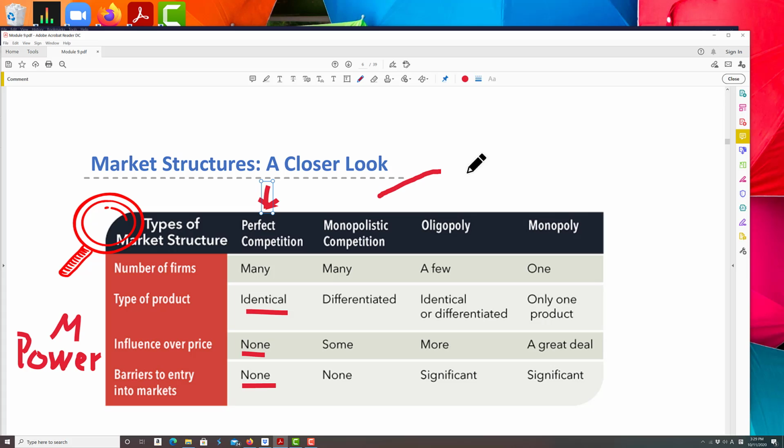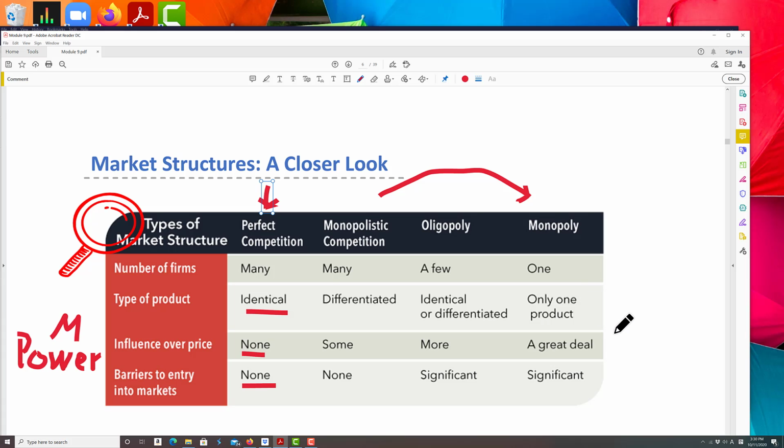When we go to the other end of the spectrum, we have monopoly, meaning in Greek, one seller. So there is only one seller in a monopolistic market, and there are no competitors, so there is no need to differentiate their product. So product differentiation is out of question.